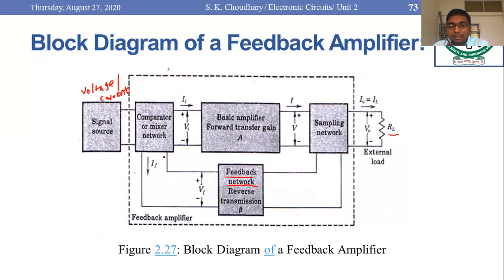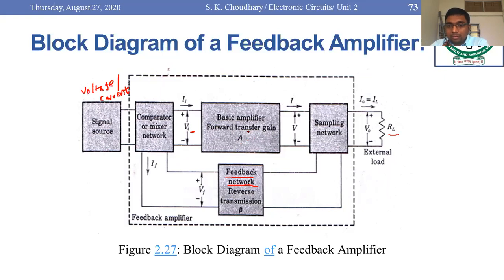And then this feedback signal, here it is shown as a voltage, or maybe a current like this, If, is fed to the mixer network. Suppose the signal source is a voltage source, so the difference of Vs minus Vf is called the difference signal, that is available as Vi at the input of the basic amplifier, and this amplifier has the gain A without feedback.